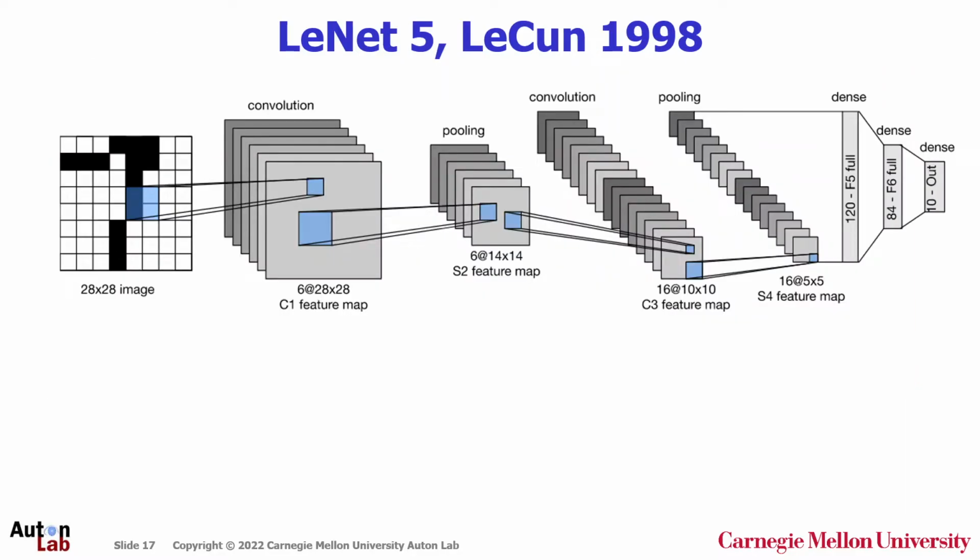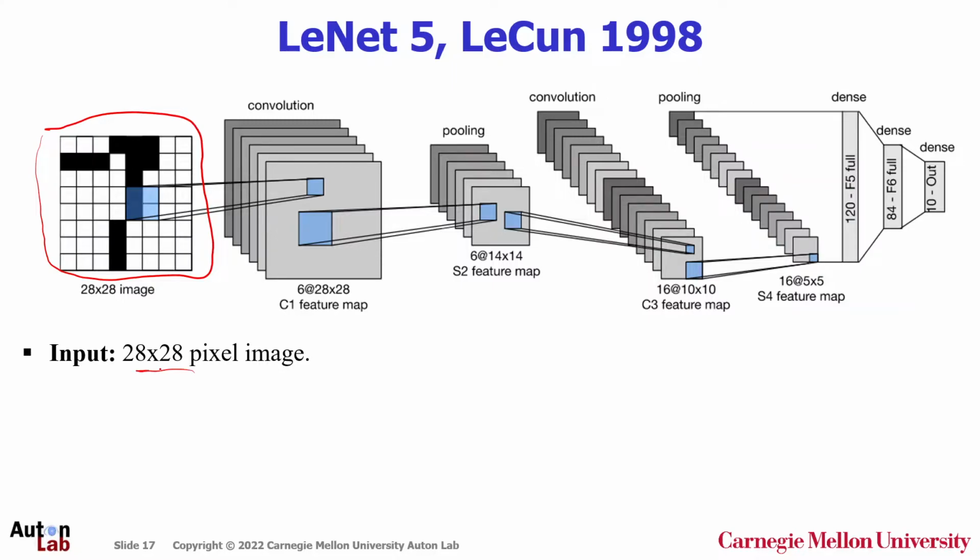The neural network gets grayscale images as inputs. Each input image has a size 28 by 28. The goal of the neural network is to classify the input images into one of the 10 different classes. Each class corresponds to a digit from 0 to 9.